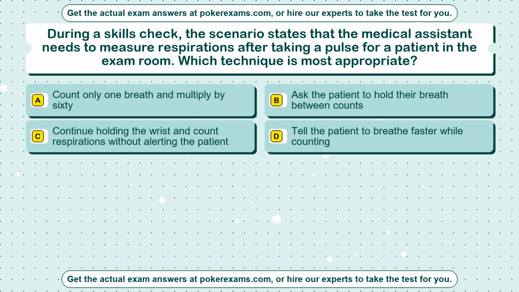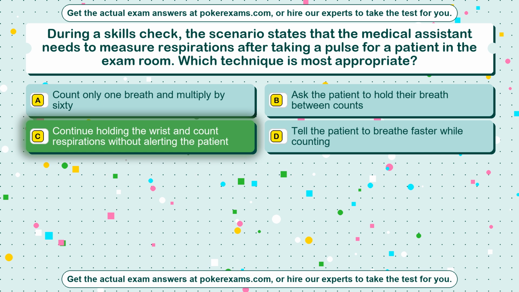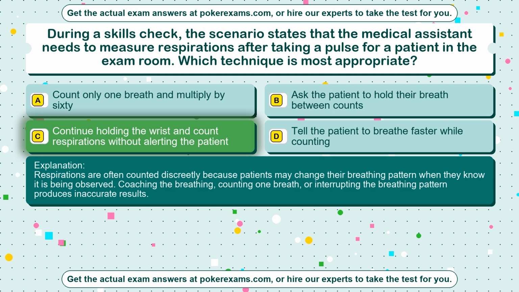Option D. Tell the patient to breathe faster while counting. The correct answer is option C. Continue holding the wrist and count respirations without alerting the patient. Respirations are often counted discreetly because patients may change their breathing pattern when they know it is being observed. Coaching the breathing, counting one breath, or interrupting the breathing pattern produces inaccurate results.